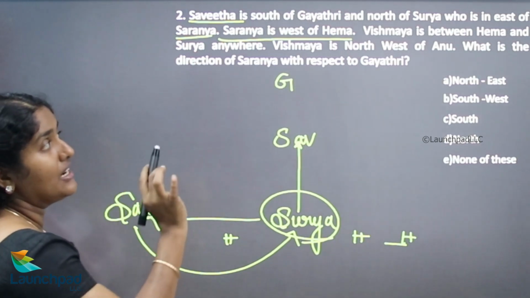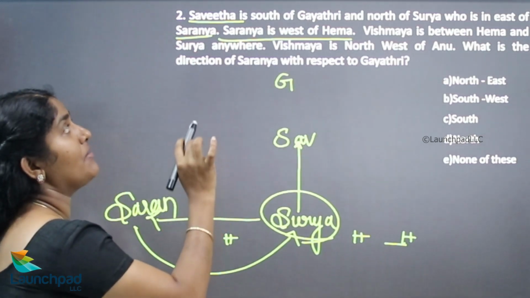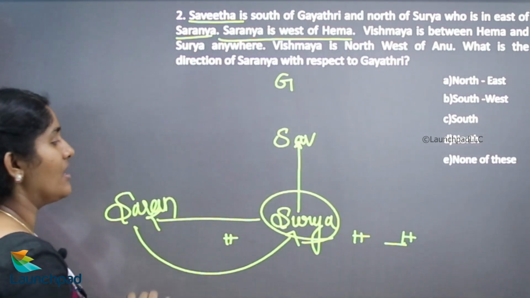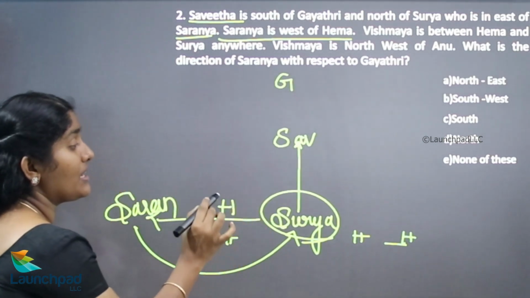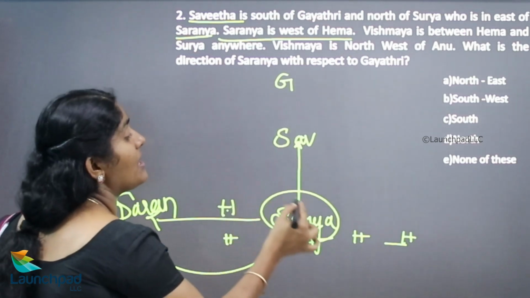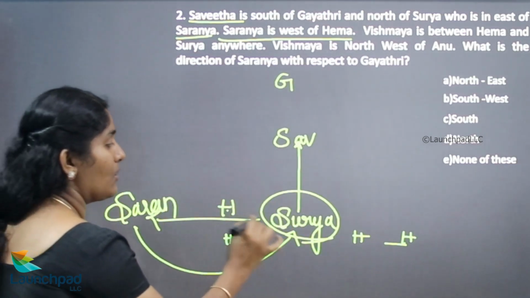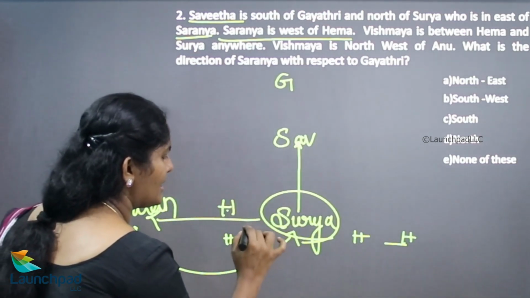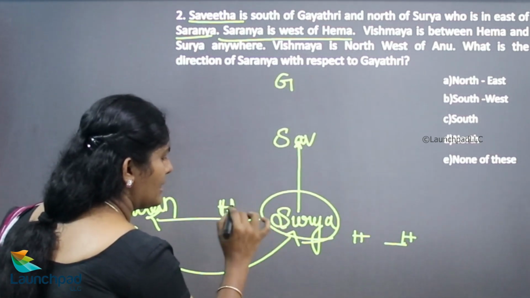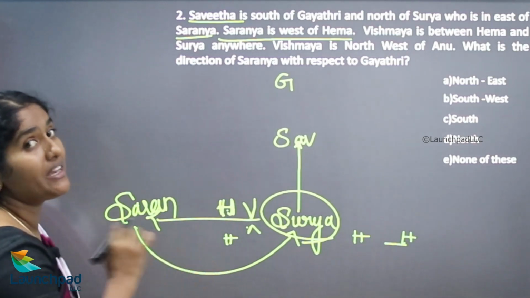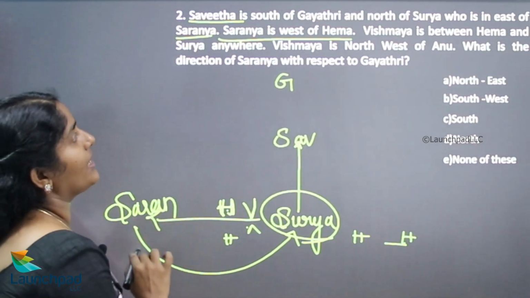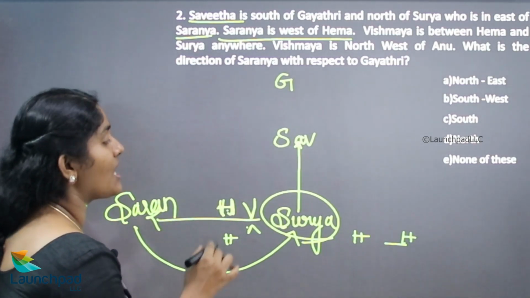Okay, we'll keep it here. Vishmaya is between Hema and Surya. So definitely Hema is here. Vishmaya is between Hema and Surya, so I can consider Hema will be here, and in between Vishmaya is there. Vishmaya is northwest of Anu.